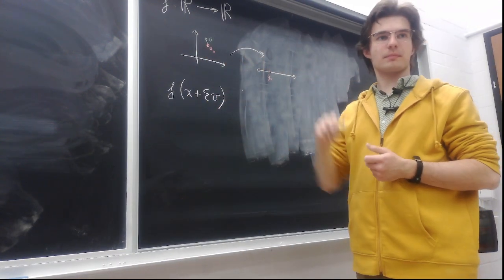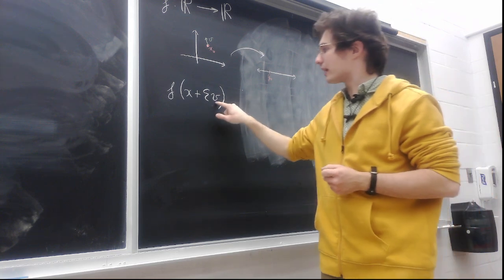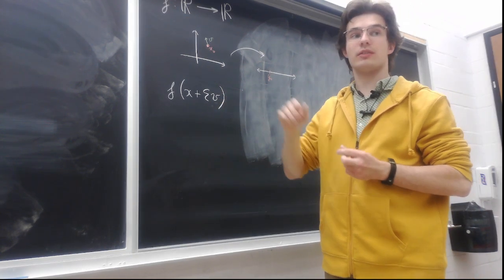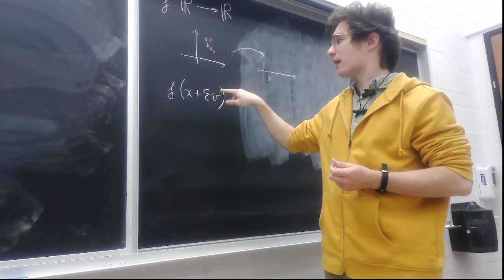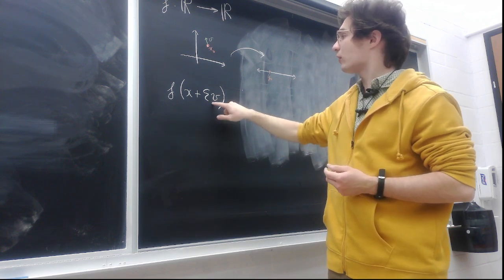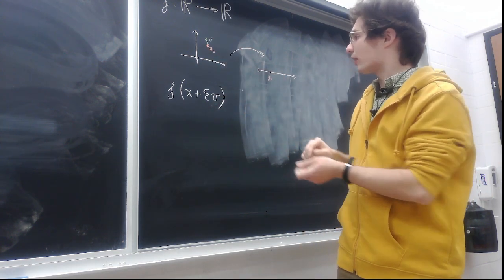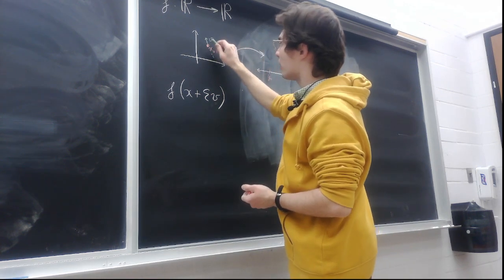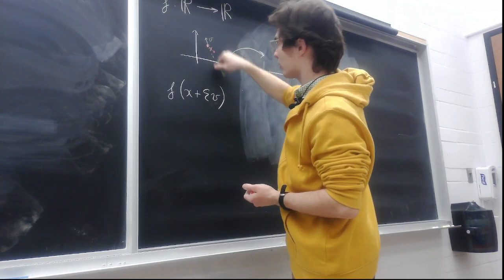Now, if I want to look at the linear approximation in the direction of v, I can just think of this as now a function of the variable epsilon. Meaning that I just plug in a scaled version of vector v. So I evaluate the function along this line where positive epsilon is this way, and then negative epsilon is this way.